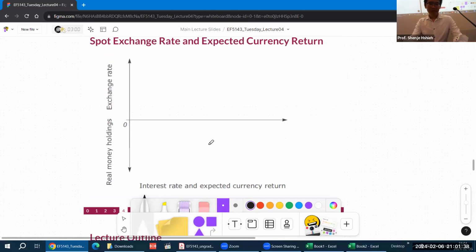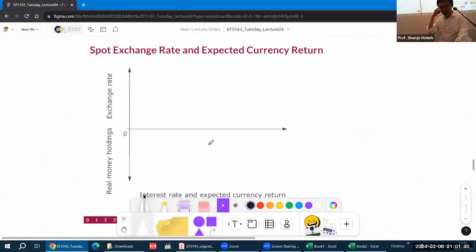This is my visual representation of two markets, and it's going to be linked with interest rates. Two y-axes, positive in both directions, but they are different units. The y-axis above is the exchange rate, so it's spot rate E, and below it is the real money holding, L.